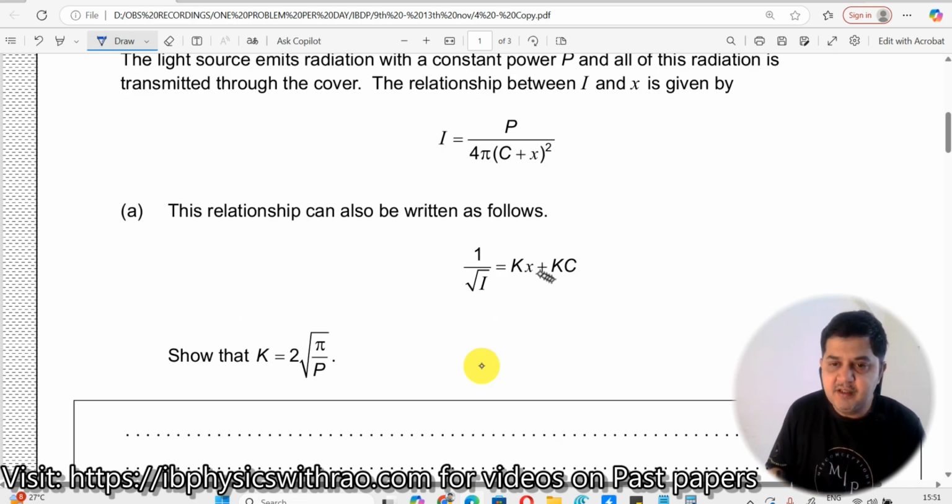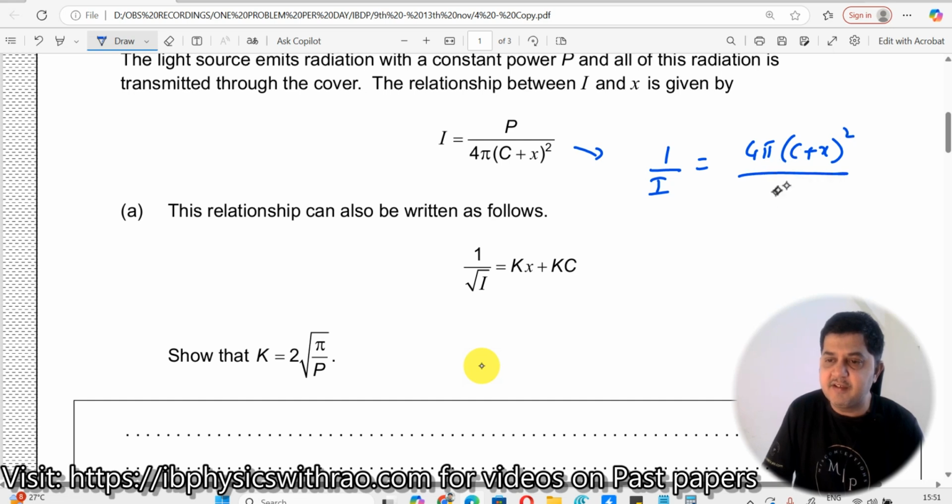Now you see, here the variable is x. So what I will do is take the equation, and take first the reciprocal, because I have root I here which is in reciprocal form. 1 by I is equal to 4 pi into (c plus x) the whole square divided by P. Then I'll take the square root on both sides.